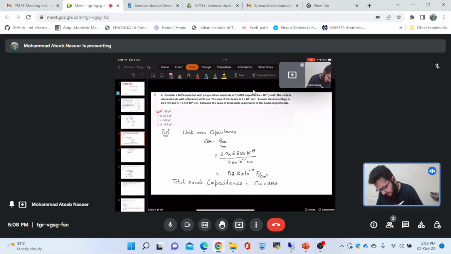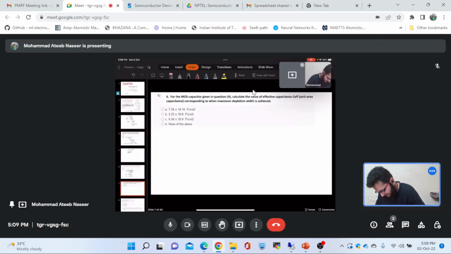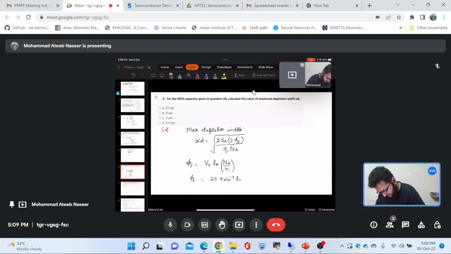Let us check the Na value. Na is 10 to the power of 16, divided by 1.5 into 10 raised to the power 10, which is the intrinsic carrier concentration.